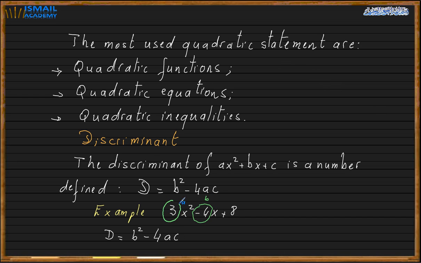A is the coefficient of x squared, and c is the constant. So here I will have minus 4 squared minus 4 times 3 times 8. So it's going to be 16 minus 12 times 8, which is 96. So here it will be minus 80.